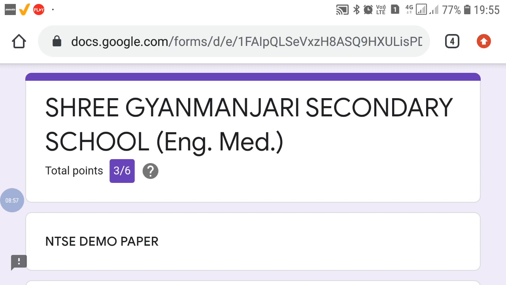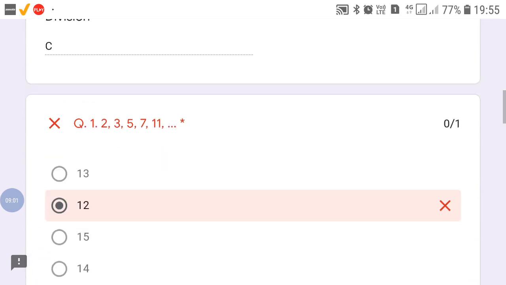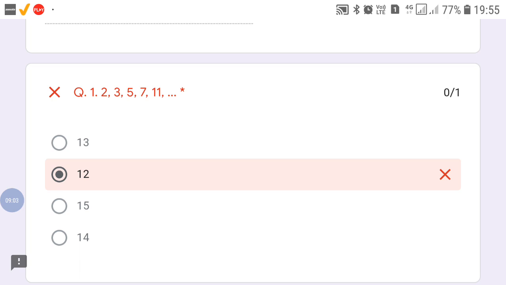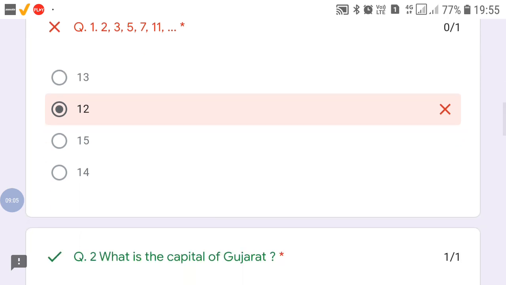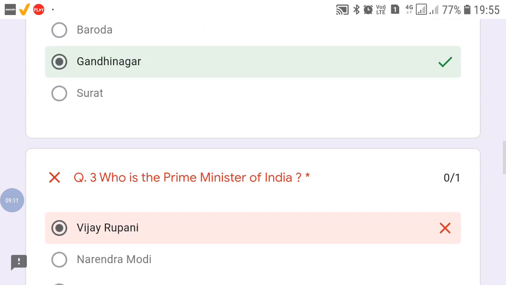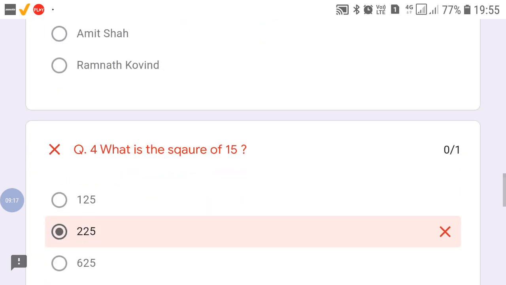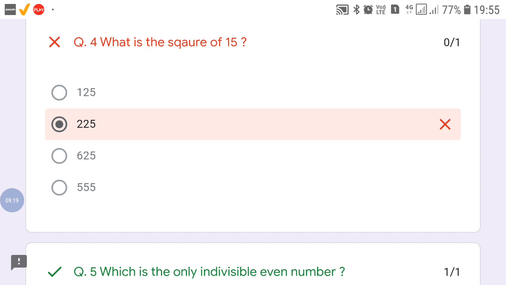Right over here you can see which questions you marked wrong. 12 is incorrect. What is the capital of Gujarat? That was also attempted wrong. So these are the 2 questions here. What is the square of 15? That answer is also wrong.